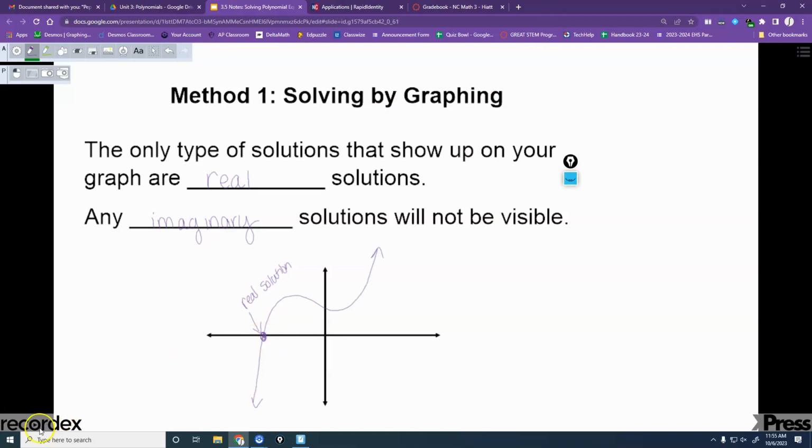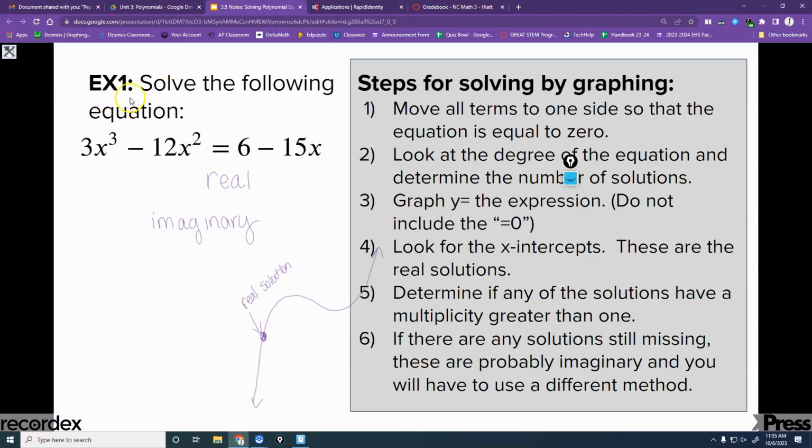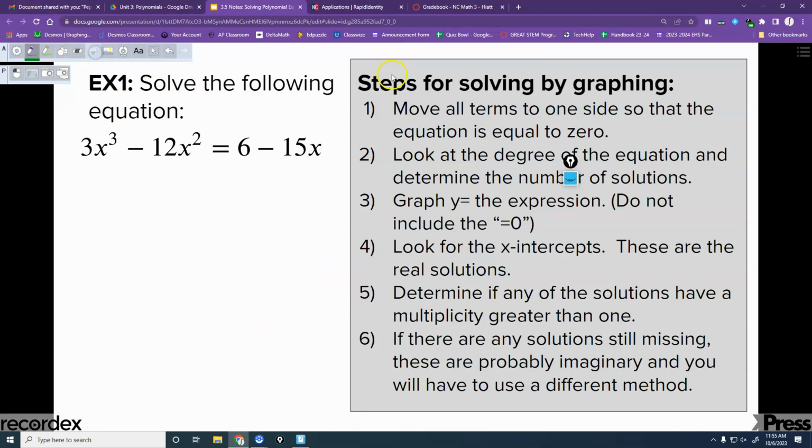As long as our solutions are real, it's a super easy way to solve the problem. If we have an equation like this, 3x cubed minus 12x squared equals 6 minus 15x, and we want to solve by graphing, what we are going to do is move all of the terms to one side so that the equation is equal to 0.